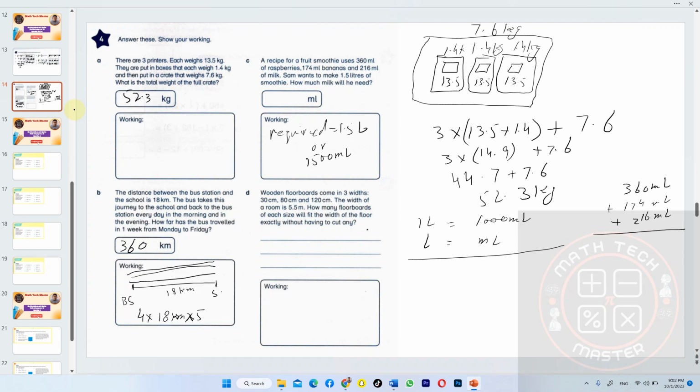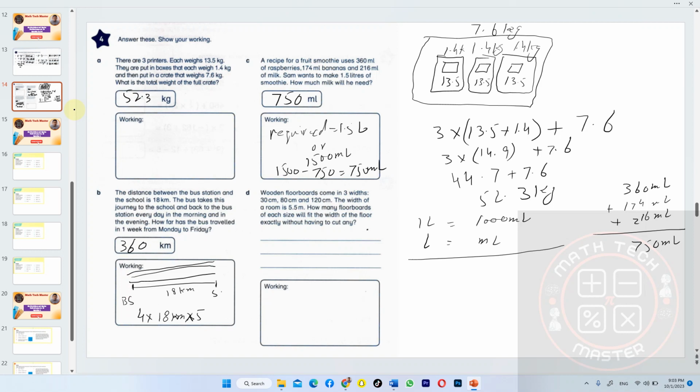So when we add them all, we will get 750 ml of smoothie. So what is the requirement? 1500. So we will simply subtract 750 from 1500. So 750 ml is the required milk.